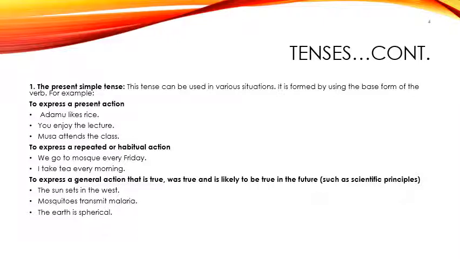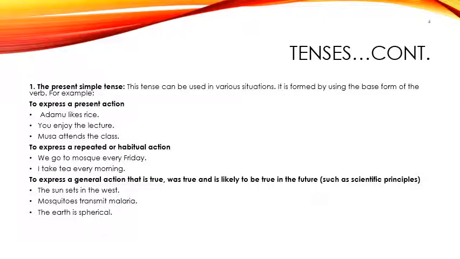It's used to express certain actions. Number one, as you can see on the screen, to express present action, with examples like Adamu likes rice. Why likes? Remember, when you have third person singular, it should be the S form, not the base form.